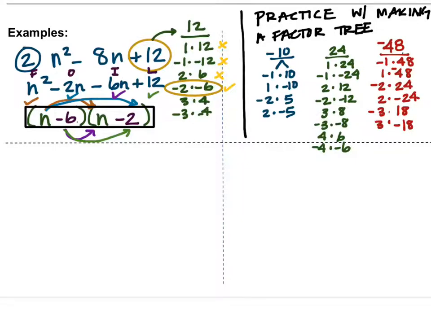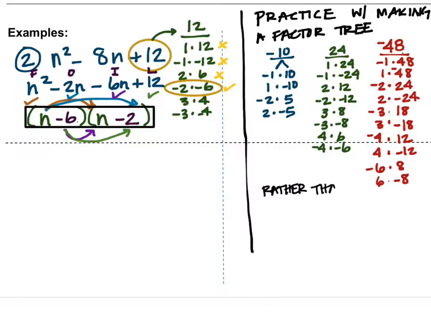Negative 3 times 18, or 3 times negative 18. 4 times 12, but one of them has to be positive or negative. So negative 4 times positive 12, or positive 4 times negative 12. I also can do 6, so negative 6 times 8, or 6 times negative 8.